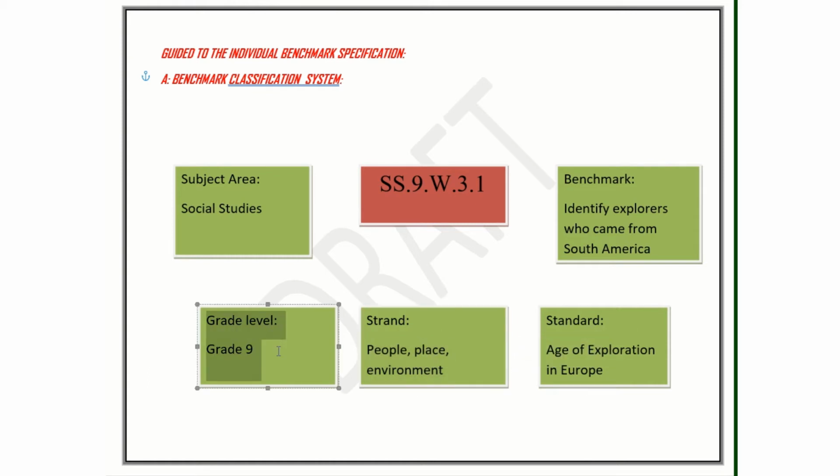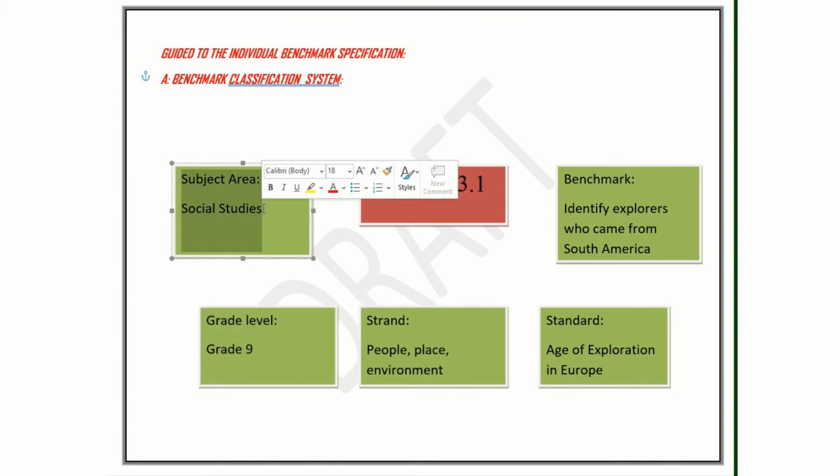Grade level 9, and the subject is social studies. These are the different components hidden in these numbers or codes. We'll discuss in the next slides what exactly these codes stand for.